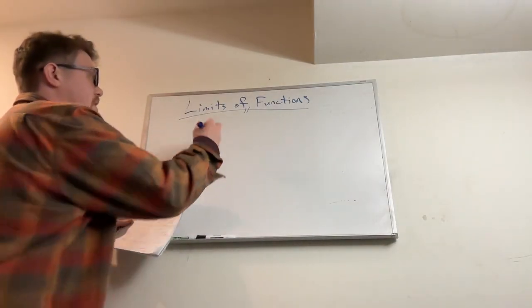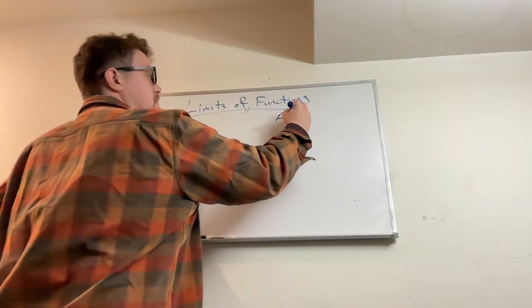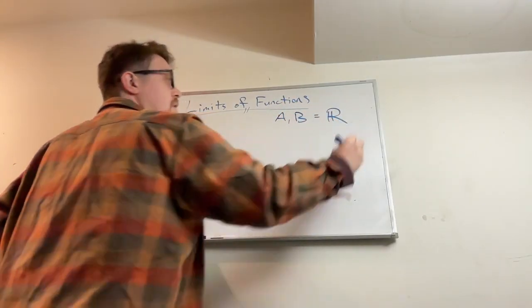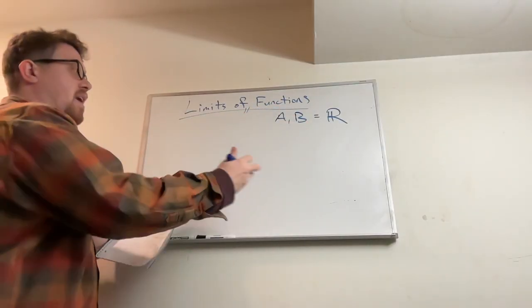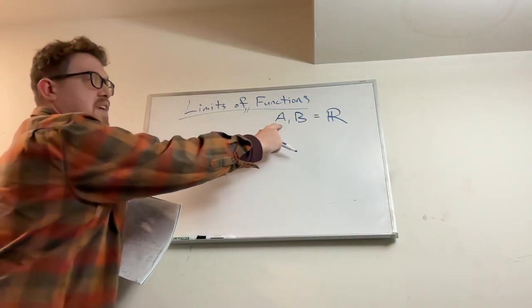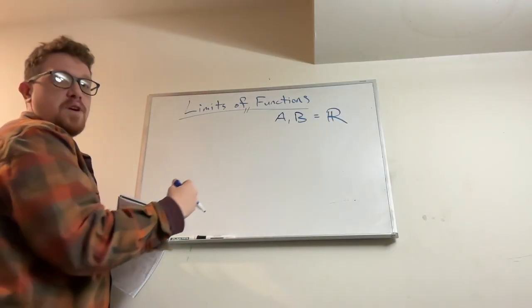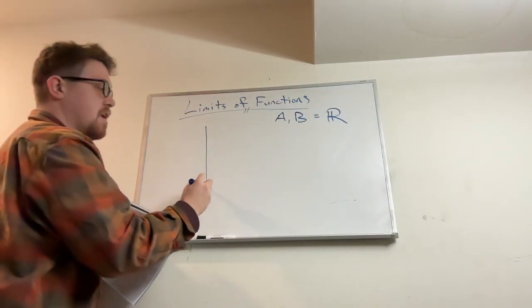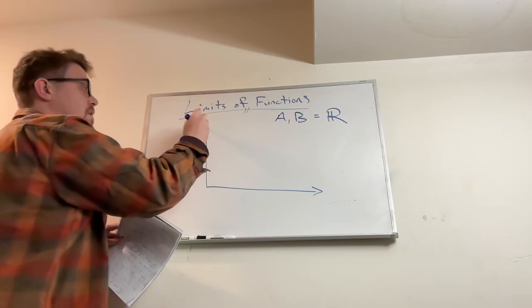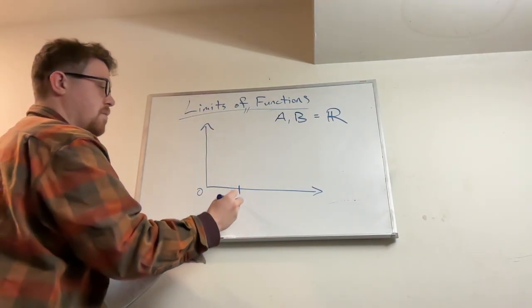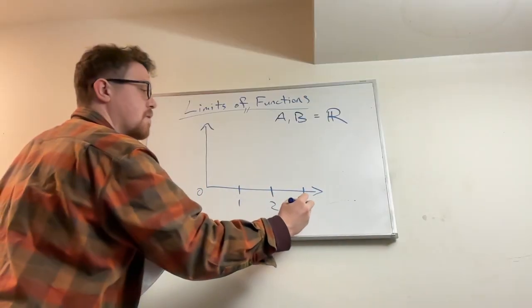Okay, so here A and B are both the real numbers, so we have a function, just the regular real number line. What is A times B now? It's the Cartesian product of the real numbers times the real numbers. This gives us a two-dimensional plane. So we'll say we're starting at 0 here, 1, 2, 3.